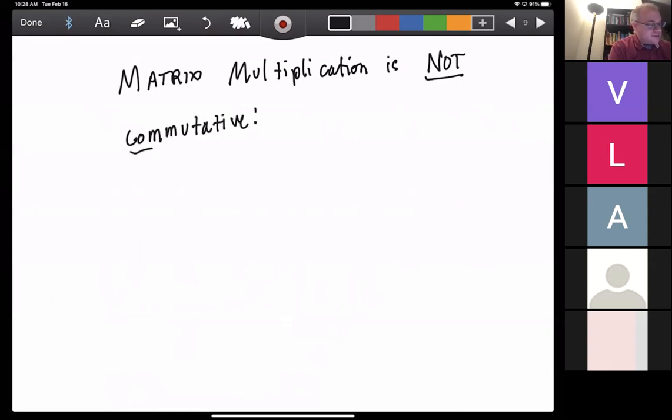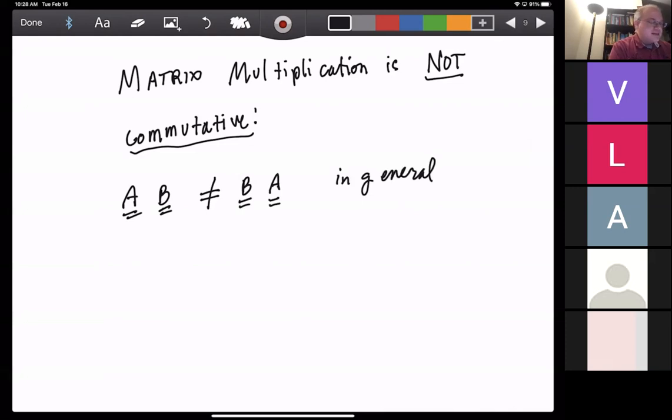Okay, so what does commutative mean? Well, order matters. If I have a matrix A times a matrix B, it's not necessarily equal to matrix B times matrix A. In fact, one of these products might be defined and the other one is not defined.